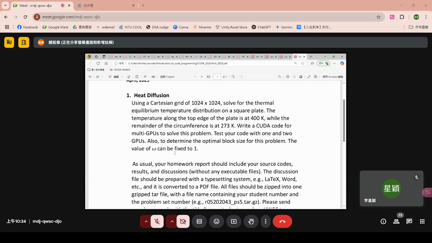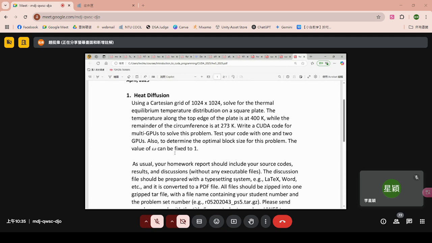For the temperature, it's up to you how to represent the temperature distribution. You can use Python or a 2D plot with different colors to represent different temperatures. Then you get the distribution of the temperature as a function of time, in this case as a function of iteration.